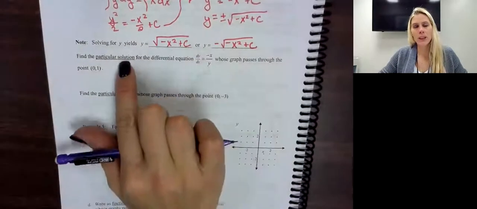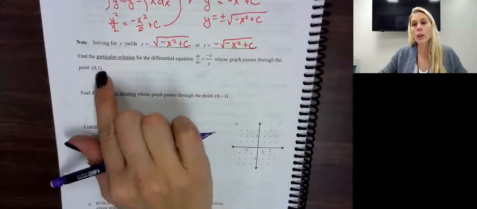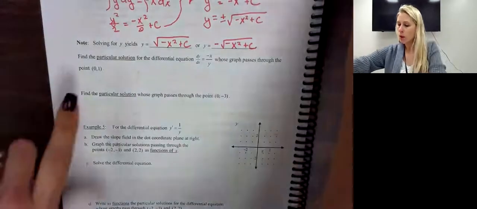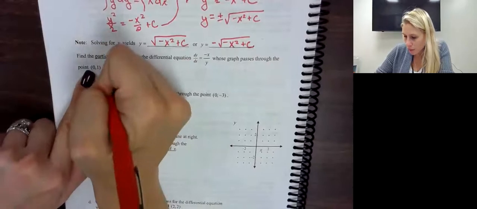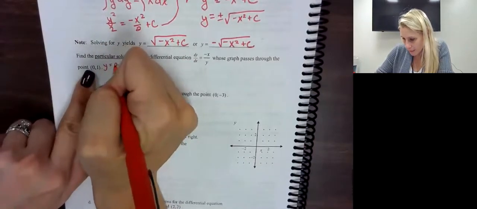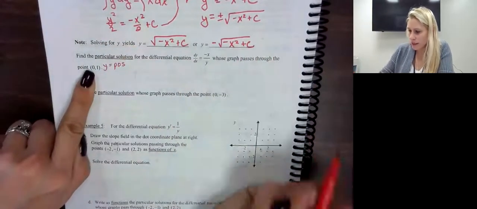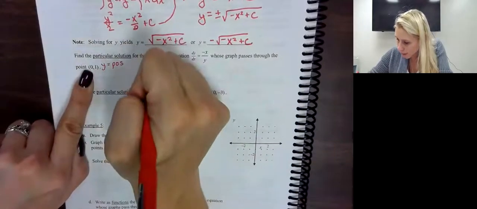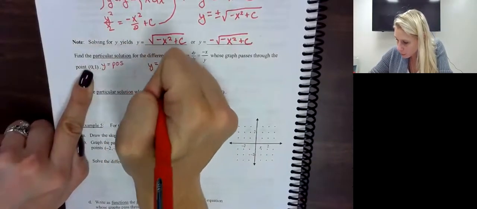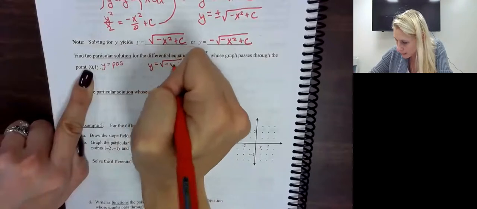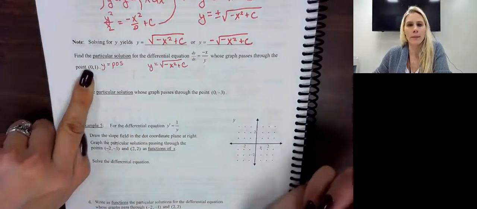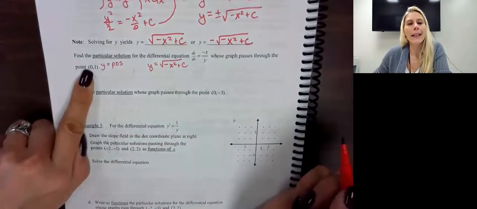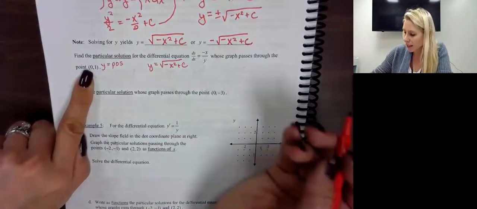Now we're going to find a particular equation for the one that goes through 0, 1. What I want to point out is since our y value is positive, I know that I must be using y equals the square root of negative x squared plus c, not the negative one, because y is positive. Now I'm going to plug in my x and y value to solve for that c.